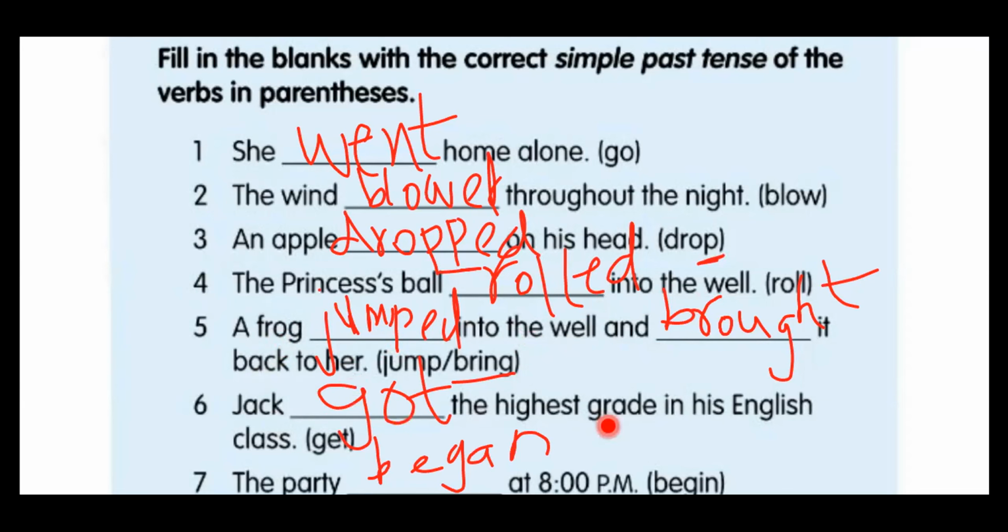Jack got the highest grade in his English class. Very good. The party began at 8 p.m. Began, B-E-G-A-N. Very good. Once again, the party began at 8 p.m.